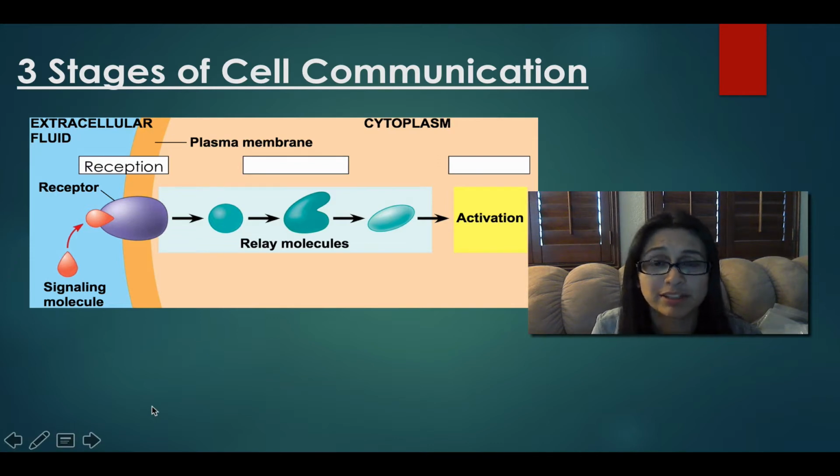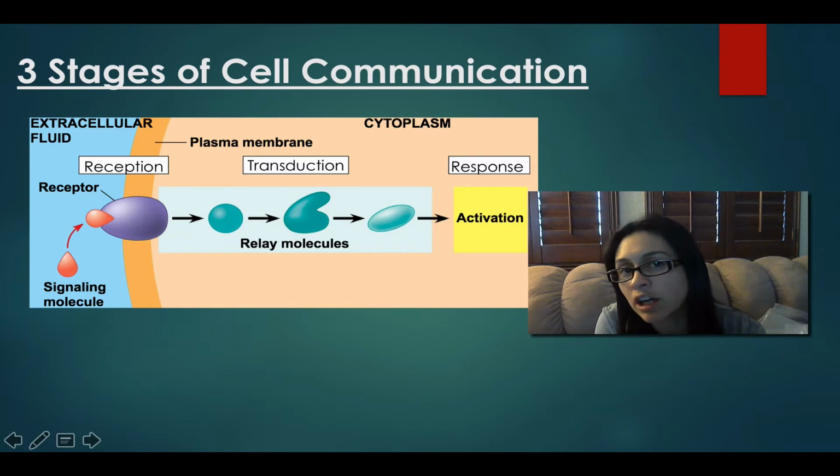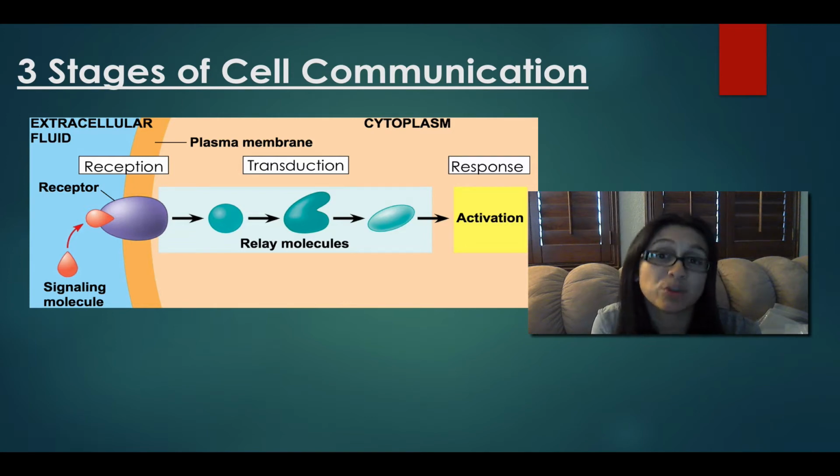So that's when the signal actually gets received. Then you have the signal transduction pathway, and that's where you have a series of molecules that get slightly changed or modified and pass the signal along molecule after molecule after molecule till eventually you have a cell response where something gets activated or turned on, turned off, and it's going to change what the cell does for a short period of time.